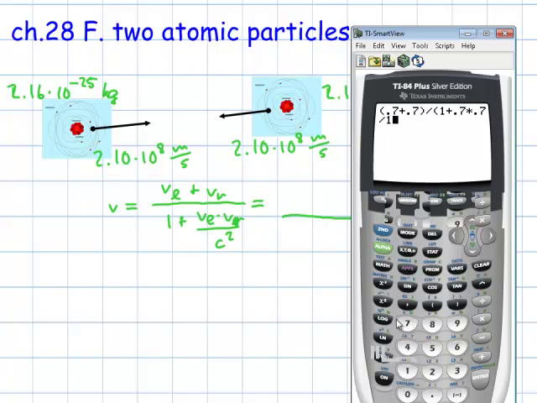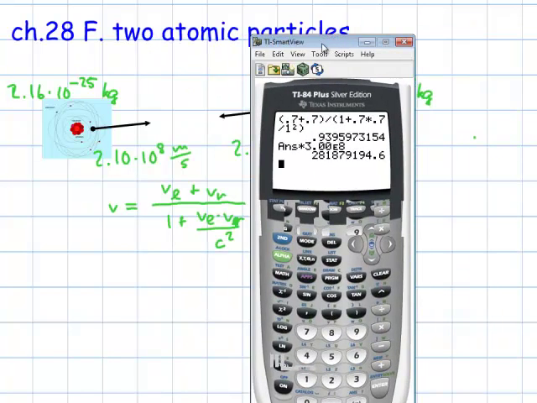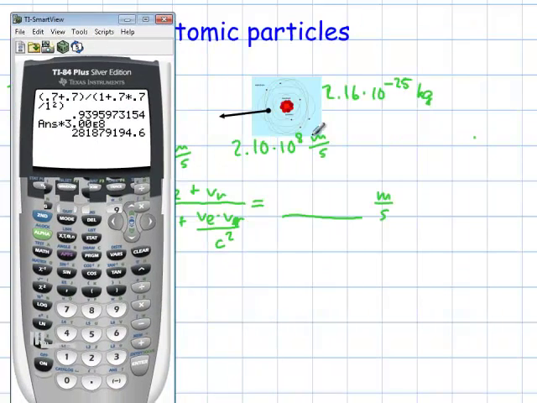This is all in terms of the speed of light, and I hit enter. So 0.93 times the speed of light, and now I have to get it back into meters per second. This saved me some work, just typing it in in terms of the speed of light. And that is 2.82 times 10 to the 8 meters per second.